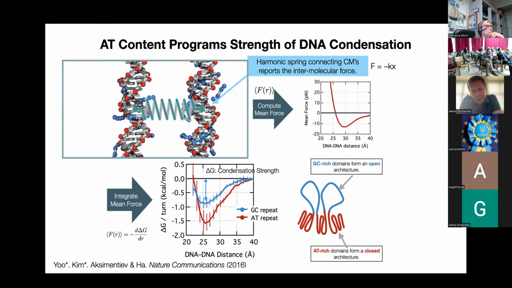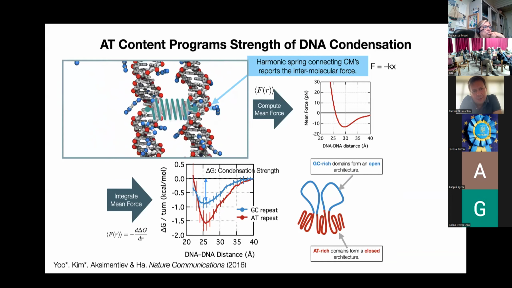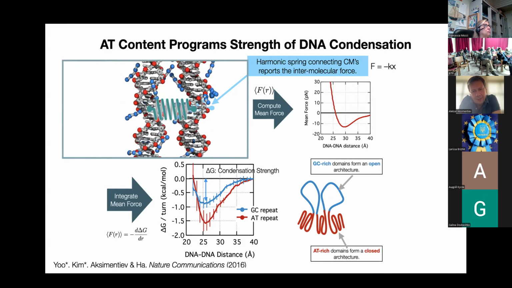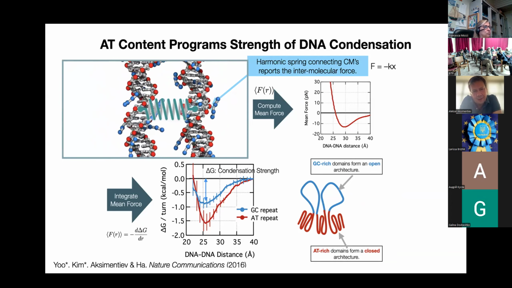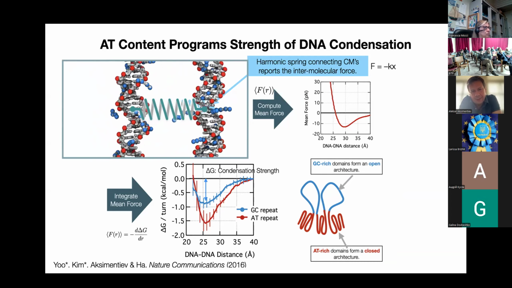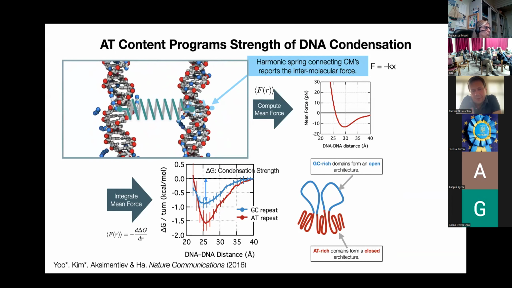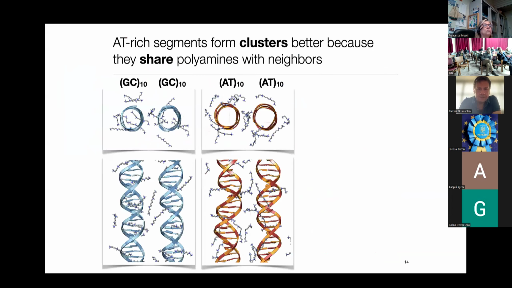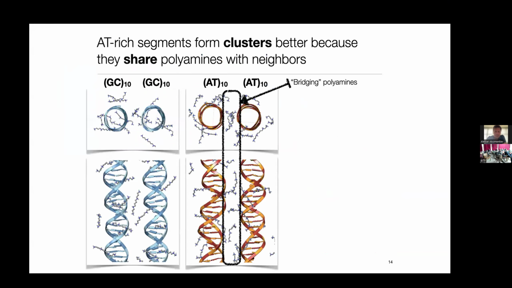It was also interesting that if you look at literature that describes how DNA is organized in biological cells, you'll find that AT-rich DNA typically forms clusters, whereas CG-rich DNA is open, so it was consistent with our calculations.